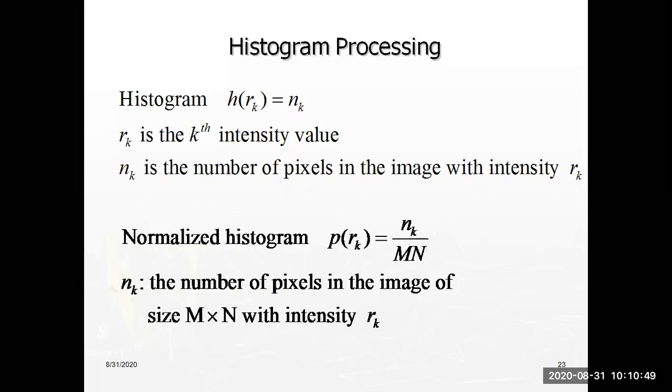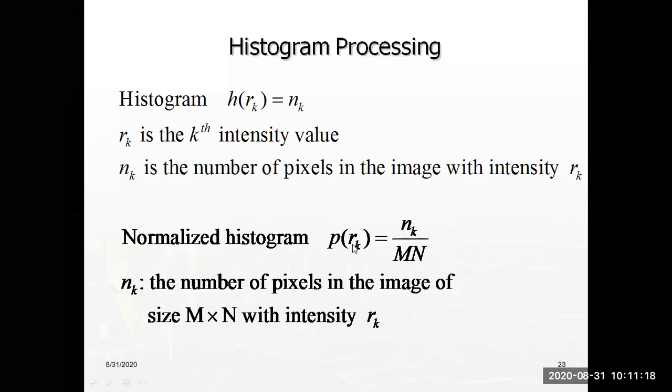Normalized histogram. So far this is the histogram for only one pixel value. If you want to normalize the histogram over an image, the image size is MN, so there are MN pixel values. Out of these MN pixel values, what is the repetition of r suffix k?